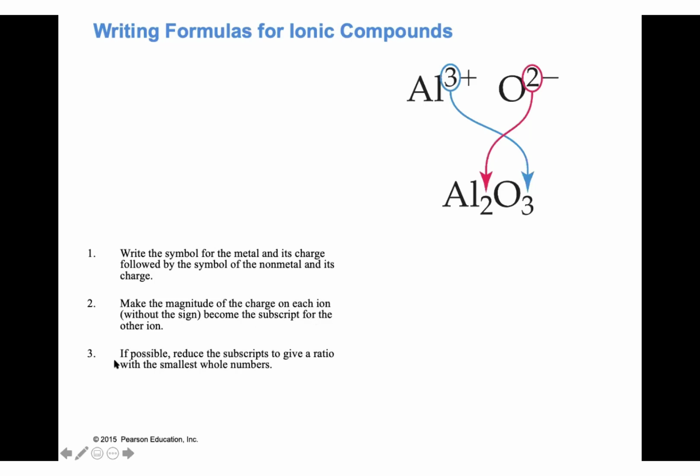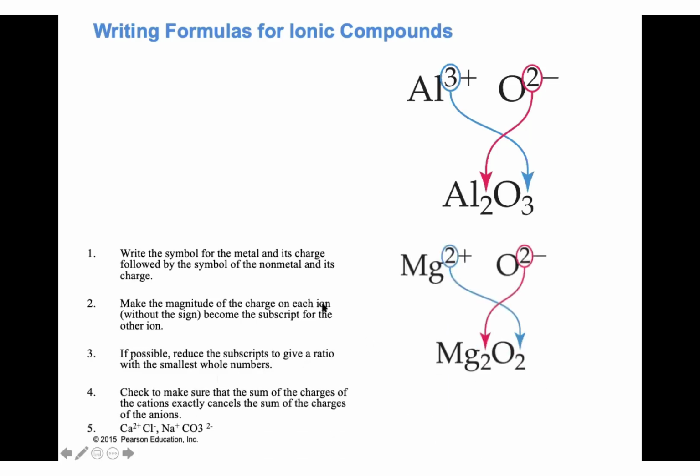Here it says, in number 3, if possible, reduce the subscripts to give a ratio with the smallest whole numbers. For example, for Mg2+ and O2-, if you do the cross rule, we make Mg2O2.